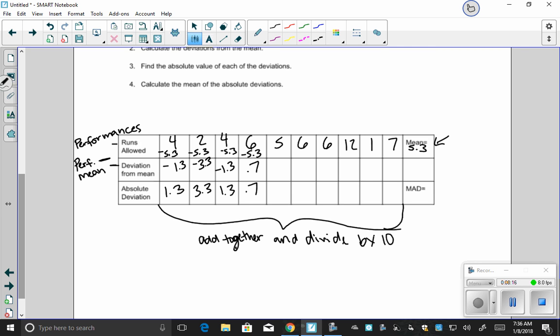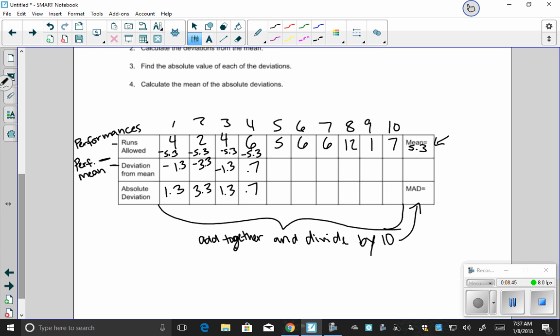And you divide by 10 because you have 10 options. You have 1, 2, 3, 4, 5, 6, 7, 8, 9, 10. And whatever you get here, put here. That is how you find the mean absolute deviation.